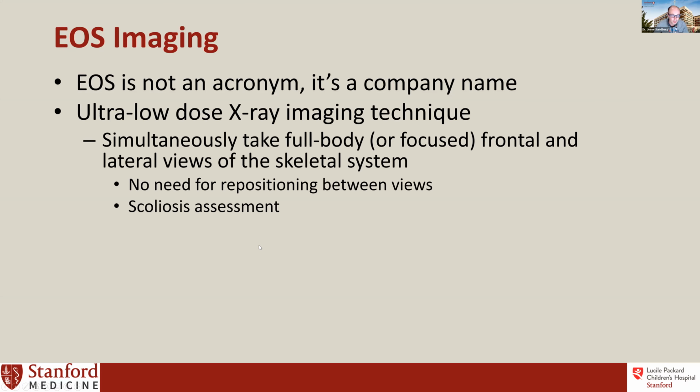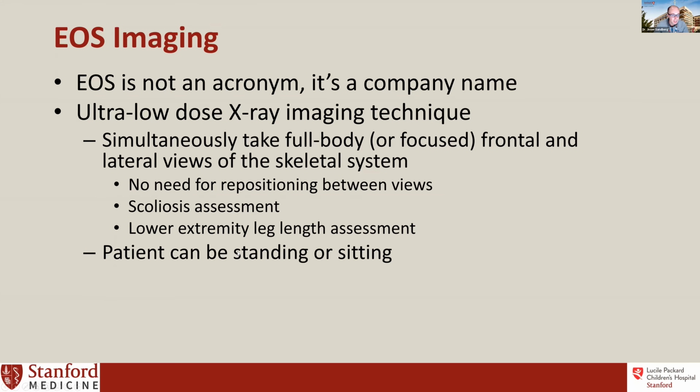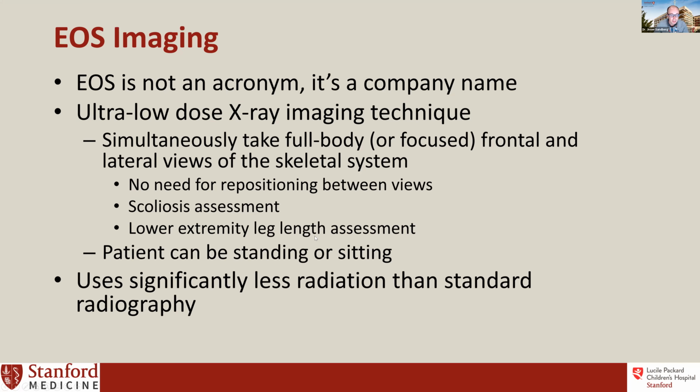It's mainly used for scoliosis assessment, but it's also used at my institute and many others for lower extremity leg length assessment, which I'm sure some of your children get as well. Patients can be sitting or standing for this imaging technique. As I mentioned, it uses significantly less radiation than standard radiography, approximately 1/3 less radiation.